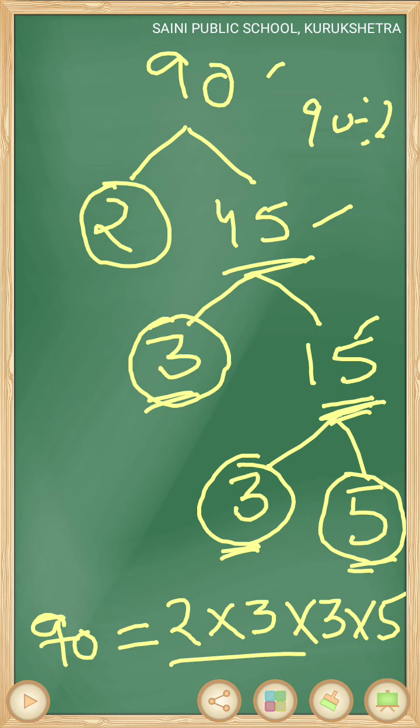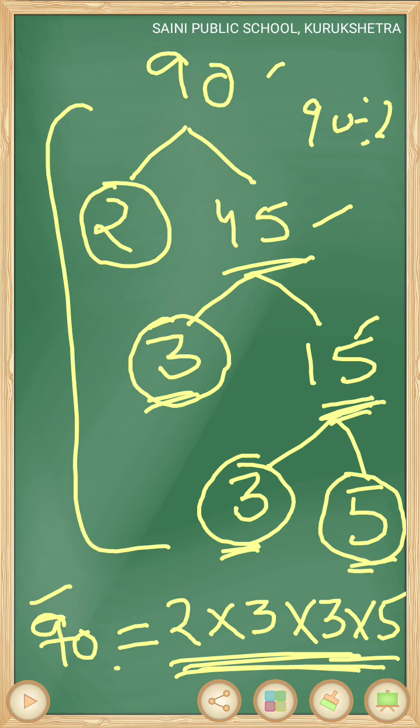So these all are factors of 90 and all are prime numbers, that is, all numbers are divisible by 1 and itself only. So this is the prime factorization of 90 by using the factor tree method. This is called prime factorization by the factor tree method.